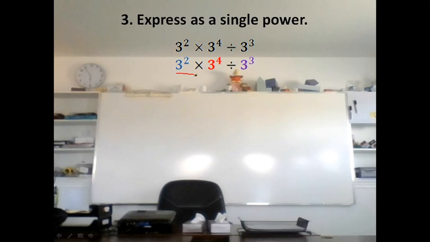So first we start with these two right here, which would give us 3 with the power of 2 plus 4, which leaves us with 3 to the power of 6 right here. So then 3 to the power of 6 gets divided by 3 to the power of 3, which gives us 3 with an exponent of 6 take away 3, which gives us our single power of 3 to the power of 3.